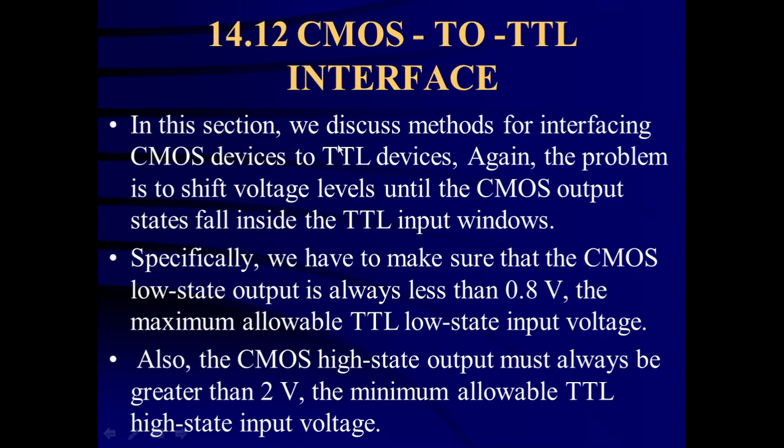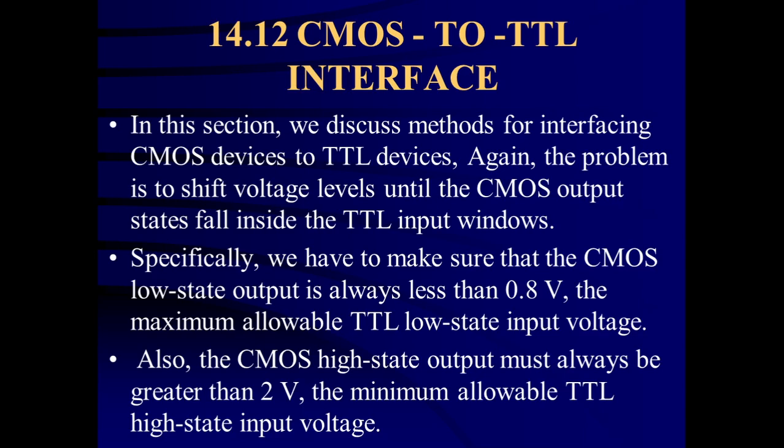So in this section we discuss the method for interfacing CMOS devices to TTL devices. Again, the problem is to shift the voltage level until the CMOS output state falls inside the TTL input window. Then and there only the compatibility is going to be maintained.